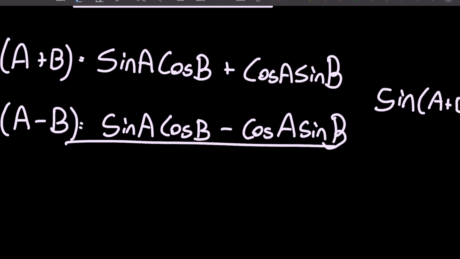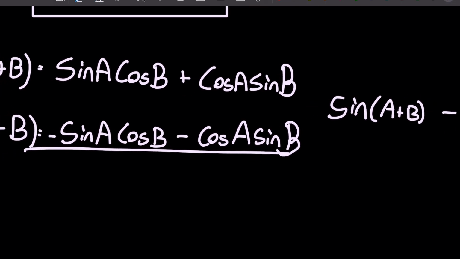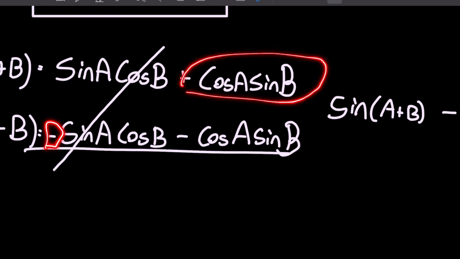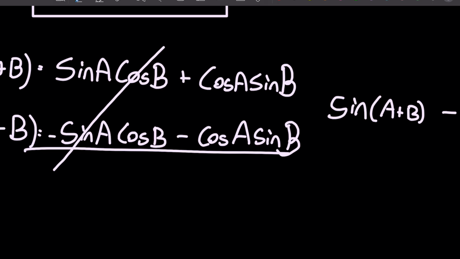We have sine a cos b minus sine a cos b, which cancels out. And cos a sine b minus minus cos a sine b gives us plus, because a negative and a negative gives a positive. So this gives us 2 cos a sine b, and this is your very second one.